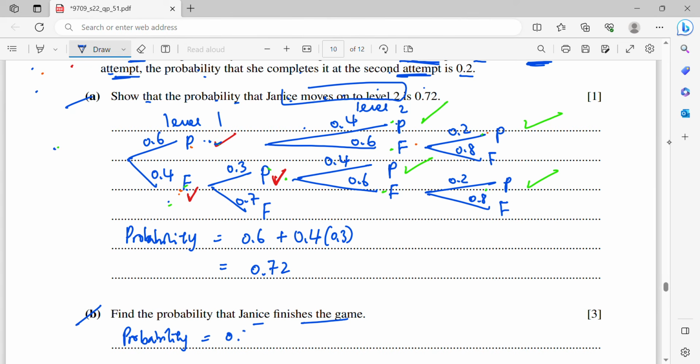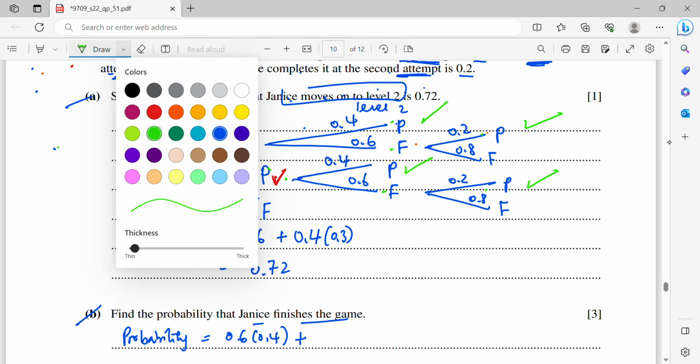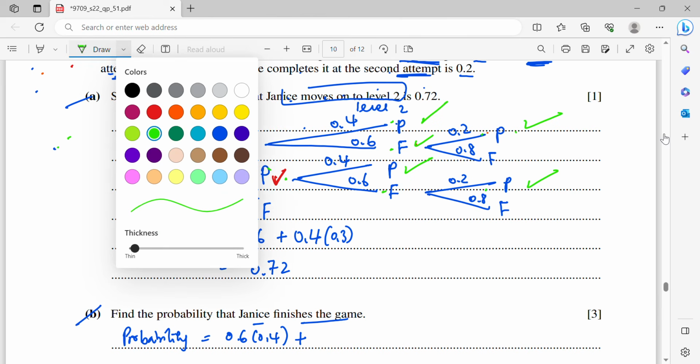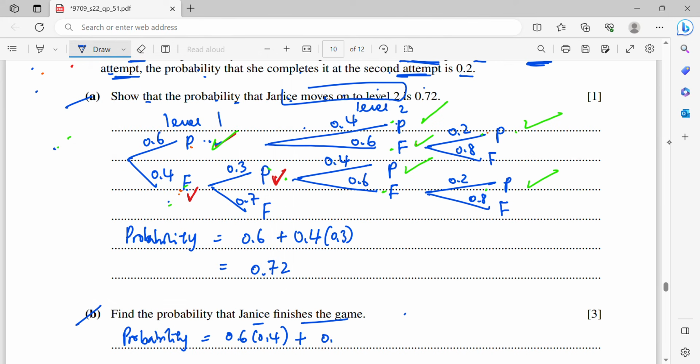So 0.6, 0.4. Or, okay, to reach the green color here, that means it must be PFP. Alright, so here it will be 0.6 times 0.6 times 0.2. Or the third one is FPP. So here 0.4 times 0.3 times 0.4.